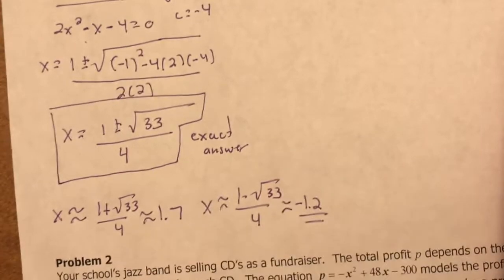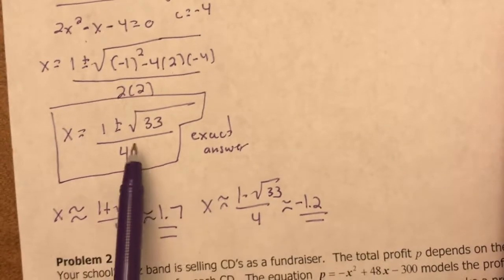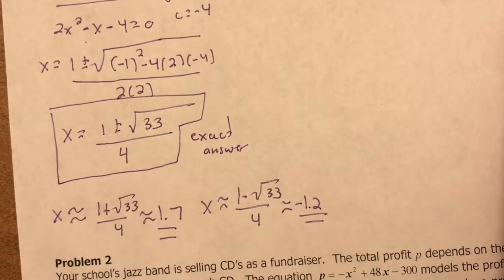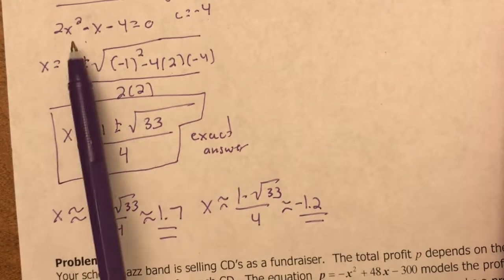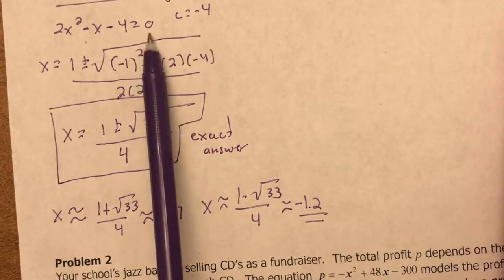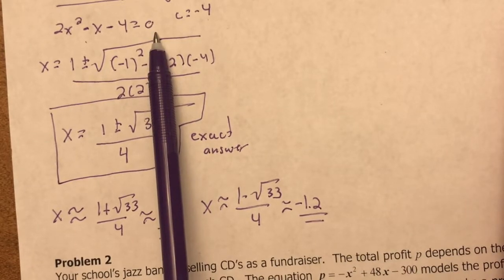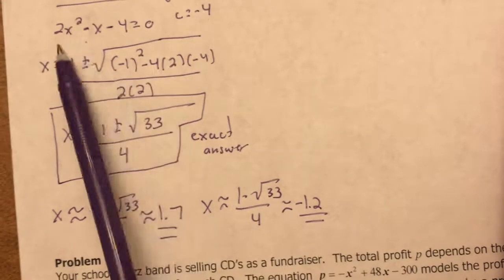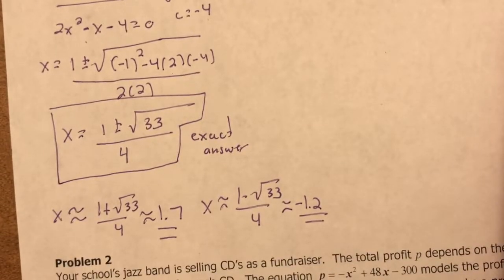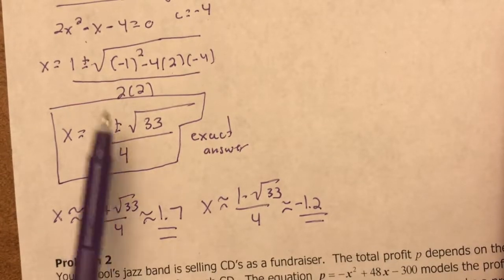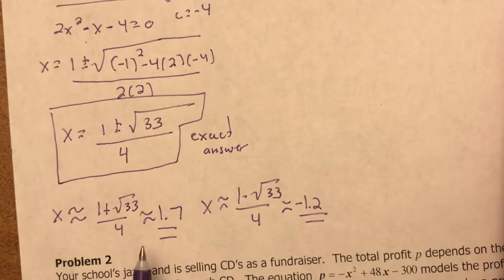These are the approximate answers. This here is my exact answer. And when we are solving this quadratic and setting where our output is equal to 0, where our y value or f of x is equal to 0, we're actually finding our x-intercepts. So in this case, our parabola is going to cross the x-axis at approximately 1.7 and negative 1.2.